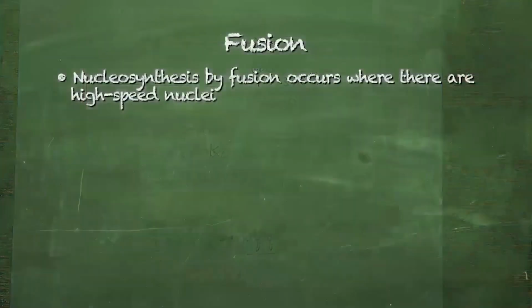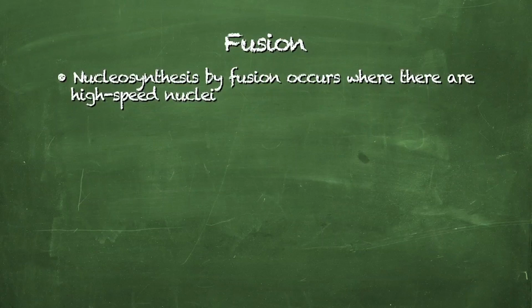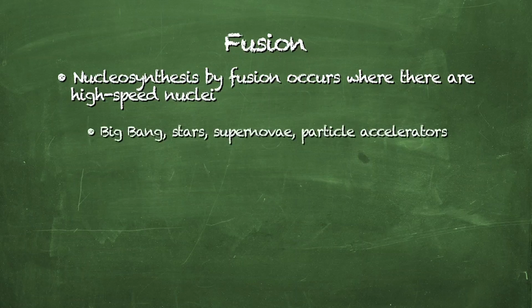So, nucleosynthesis by fusion occurs where there are high-speed nuclei present. Where would that be? Well, that happens in the Big Bang. That happens in stars, supernovae. That even happens here on Earth inside of particle accelerators.